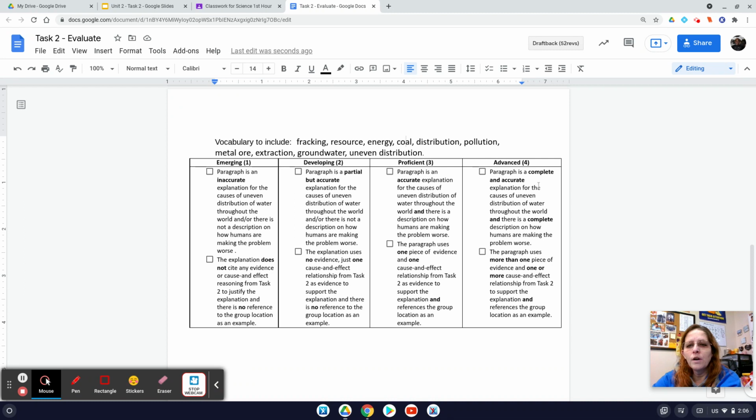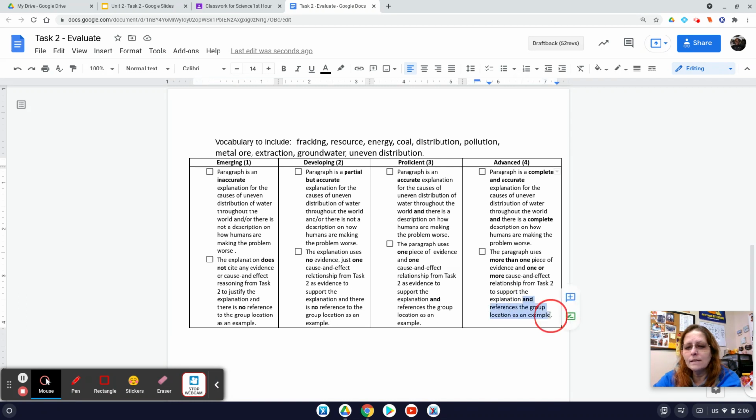I'm looking for a complete and accurate explanation for the causes of uneven distribution of water, and a complete description of how humans are making the problem worse. Okay. And then your paragraph uses more than one piece of evidence and one or more cause and effect relationship from Task 2 to support your explanation. And you reference the group location.